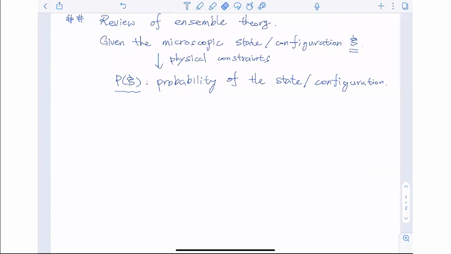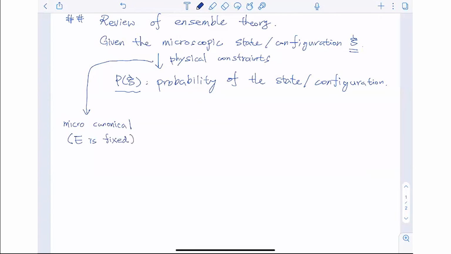In the past lectures, we discussed what the physical constraints are. For the microcanonical ensemble, the constraint is that the energy is fixed.